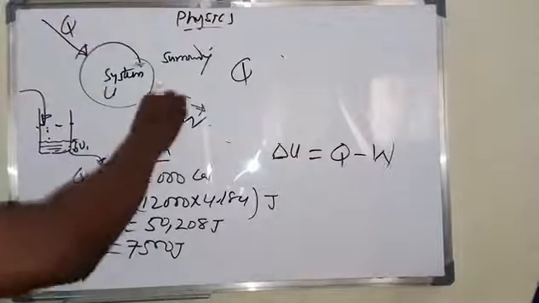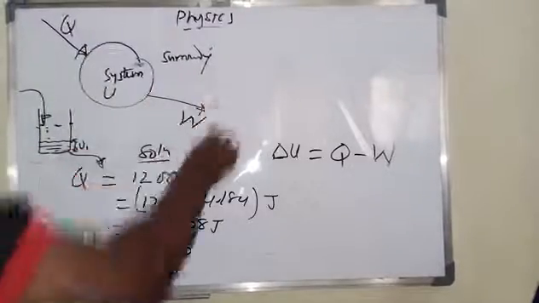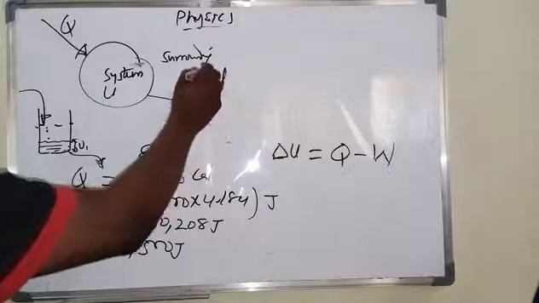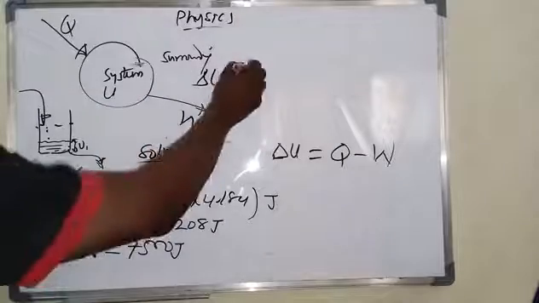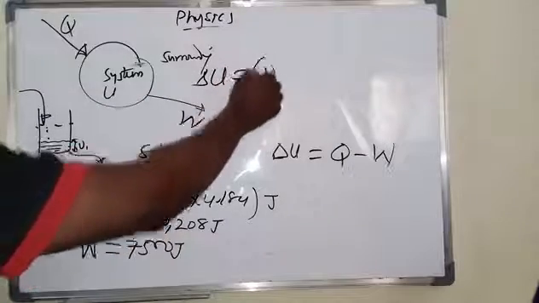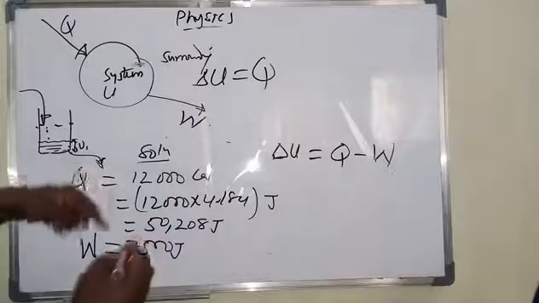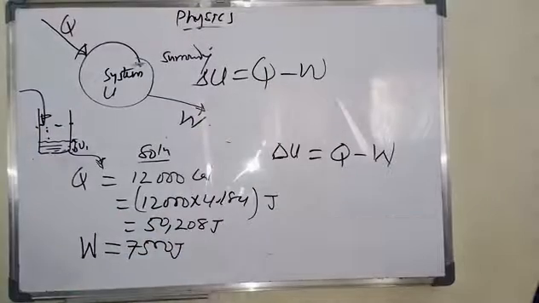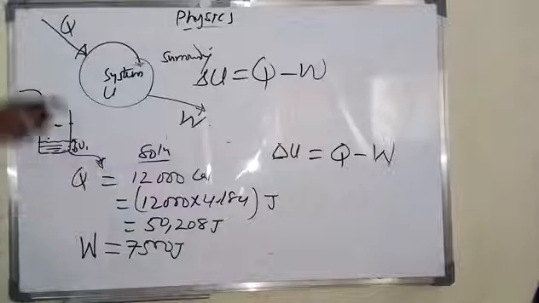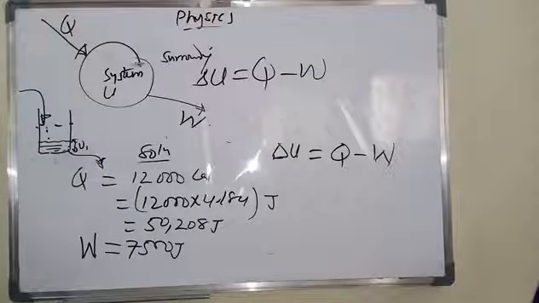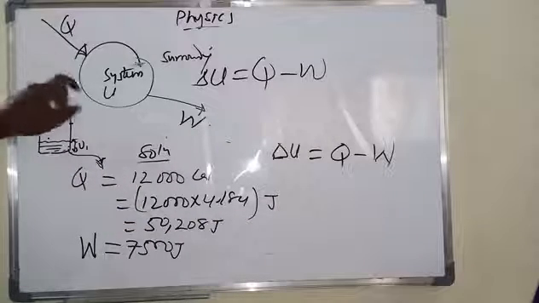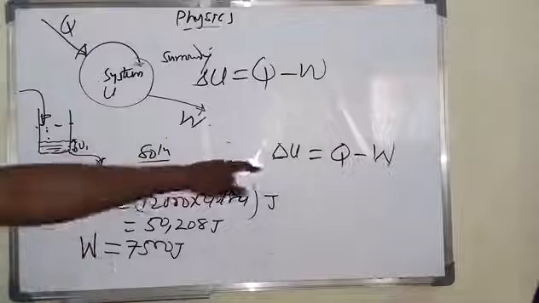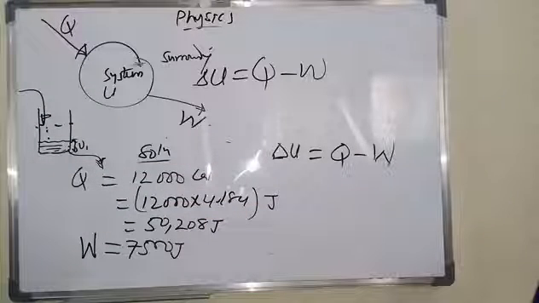So that is exactly what we apply here. If you want to know the change in the system, it is actually the difference between what enters minus what leaves. If we remove what goes out of the system from what enters the system, then the difference is what is retained, the state of the system. So that's the essence of using this formula.